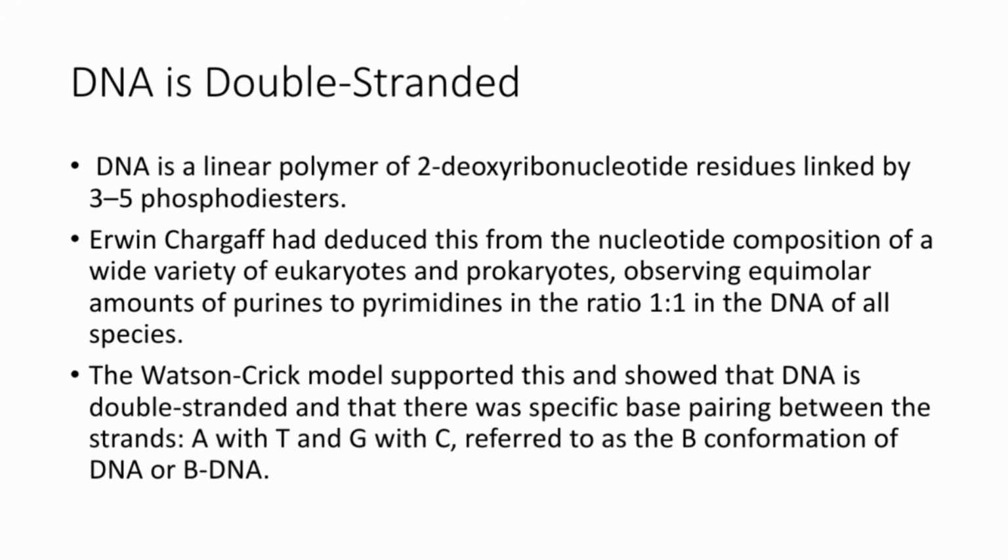Erwin Chargaff took a look at a wide variety of DNA from different eukaryotes and prokaryotes, and he observed that there are equal amounts of purines to pyrimidines in the DNA of all the species, while Watson and Crick supported this by showing that DNA is double-stranded and there was a specific base pairing found between the A and the T, and also the G and the C, and this came to be found to be the B conformation of DNA.